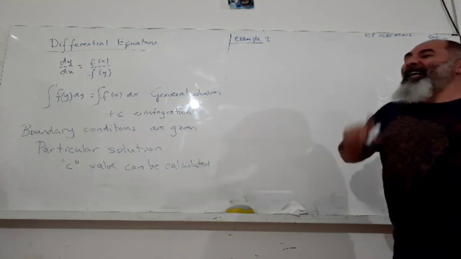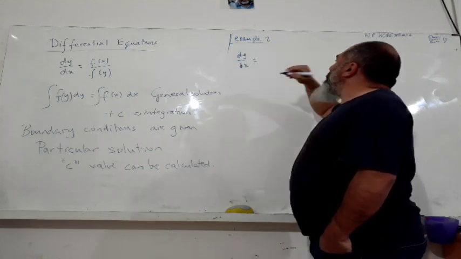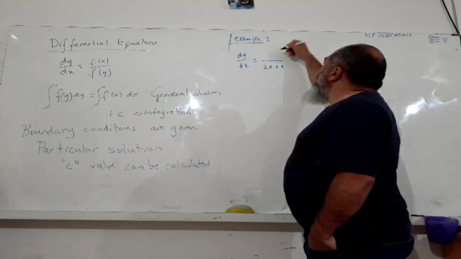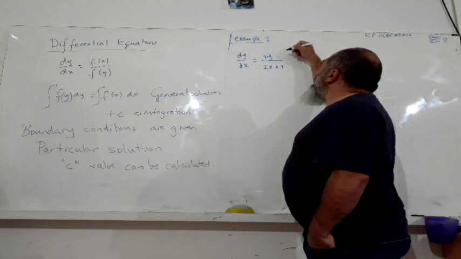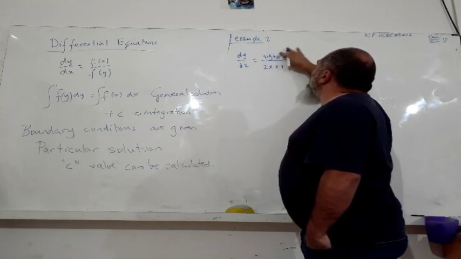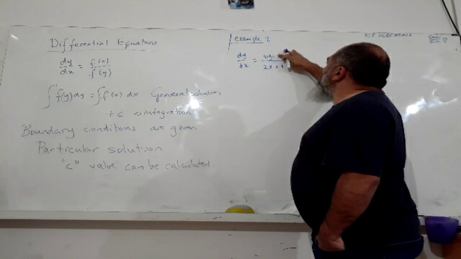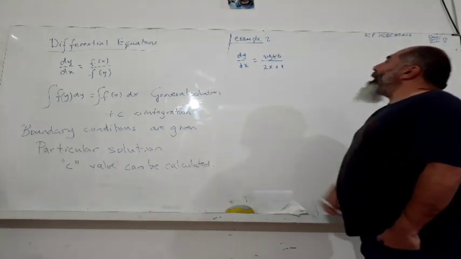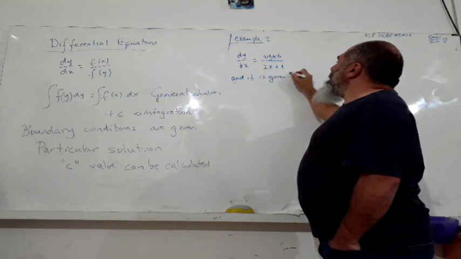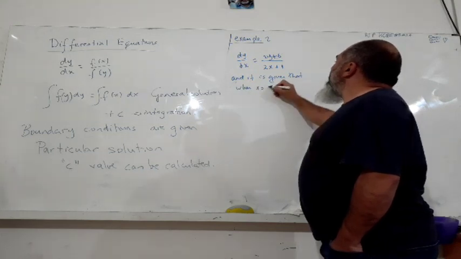Say that dy over dx is equal to 2x plus 1 over 2y plus 6, and it is given that when x is 4, y is equal to 5.